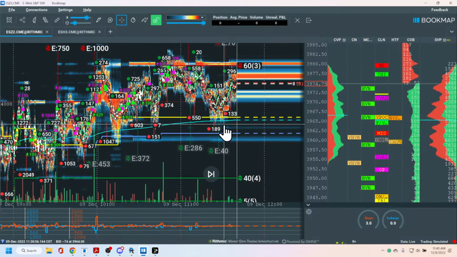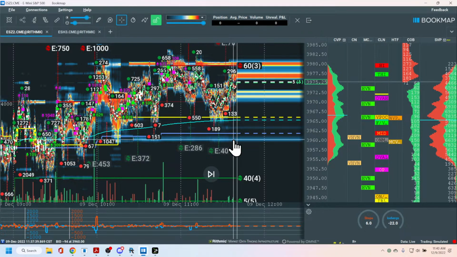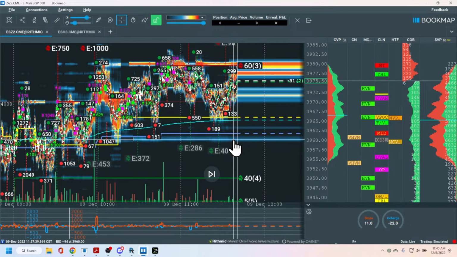And pull back here. What is it? Anybody? What is it? Pull back here. Anybody? Price check.